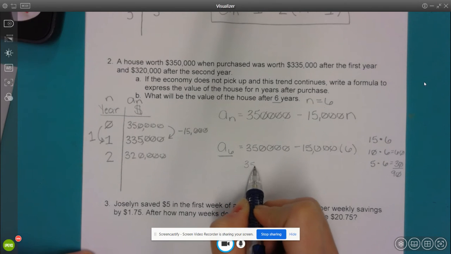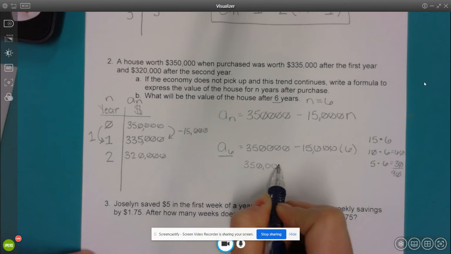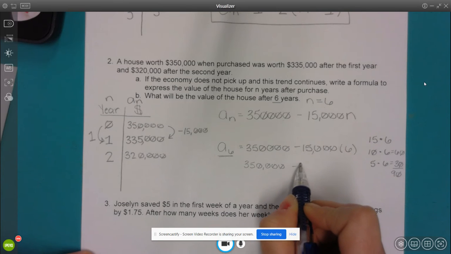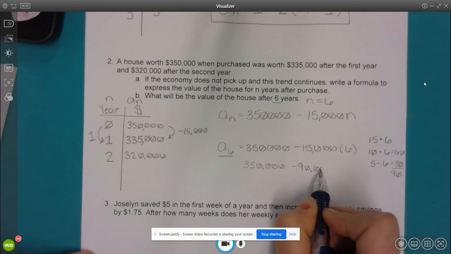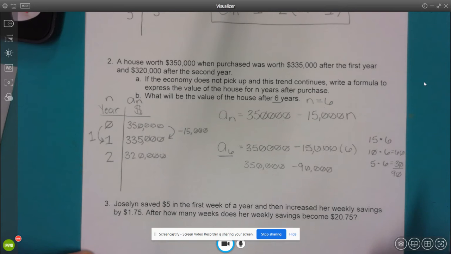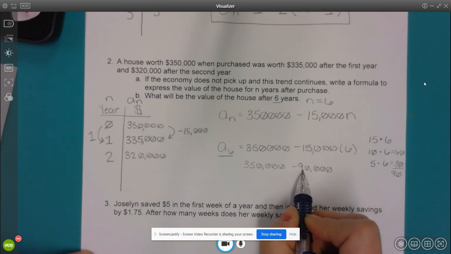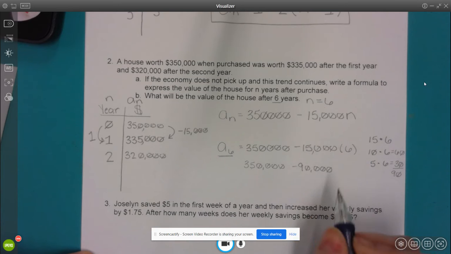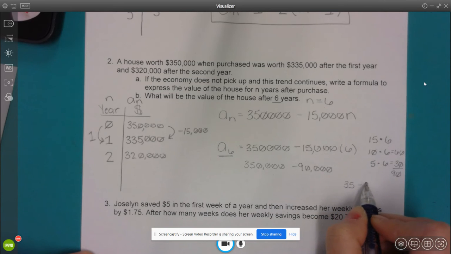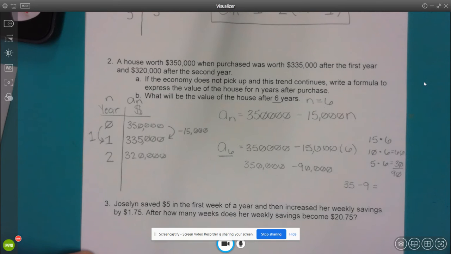So I have to do 350,000 minus 90,000. So I can think of 35 minus 9, which should give me 26.